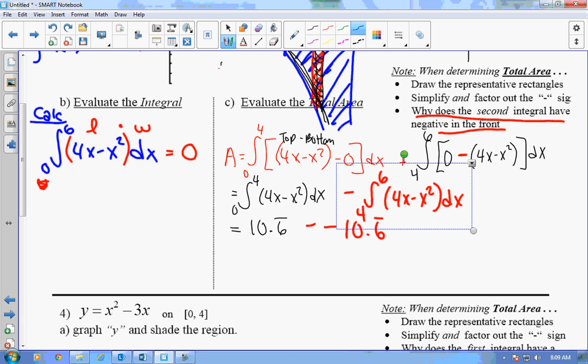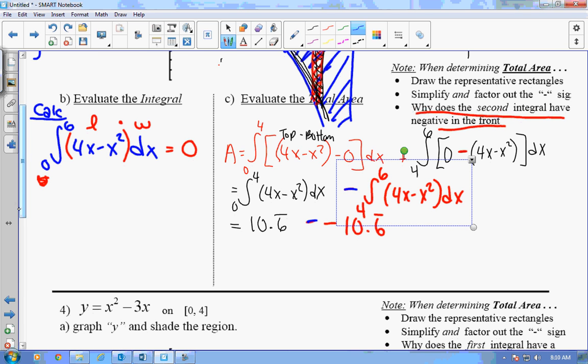So again, why does this have to have a negative sign? Why does that negative come around and pop out? Oh, because that changes that negative number to positive. So your total area is positive, because total area can't be negative.